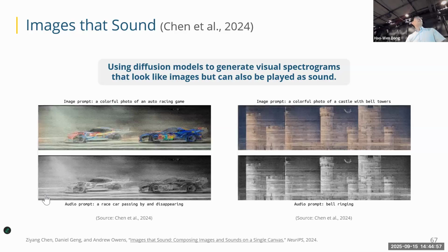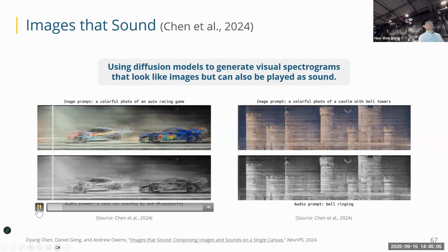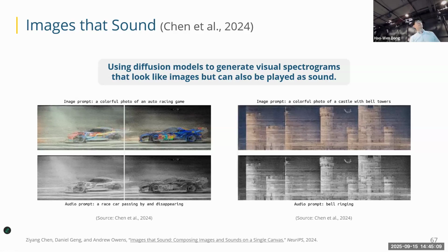And this one, you can pretty much already tell there's a very strong lower line and it's pitched. I think it's pretty fun. And this one is the bell tower, and you can see the harmonics.